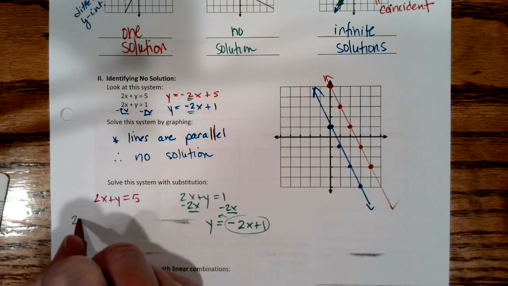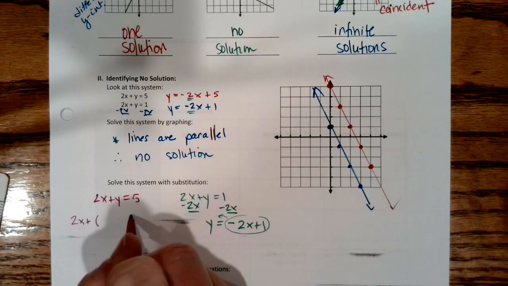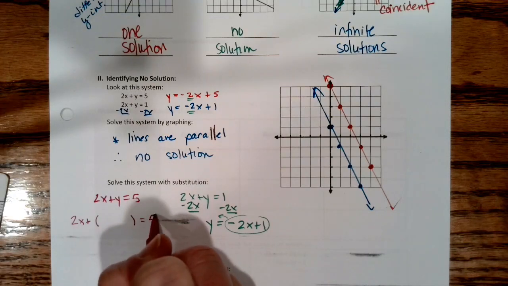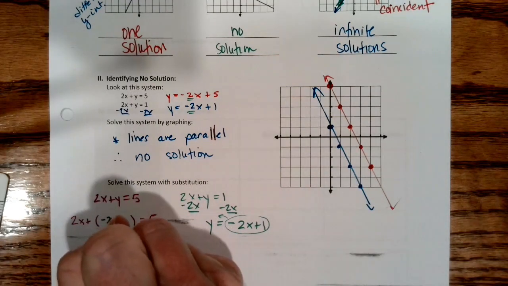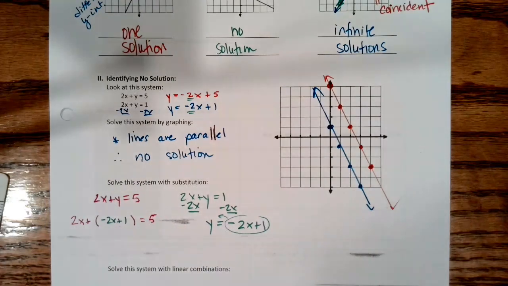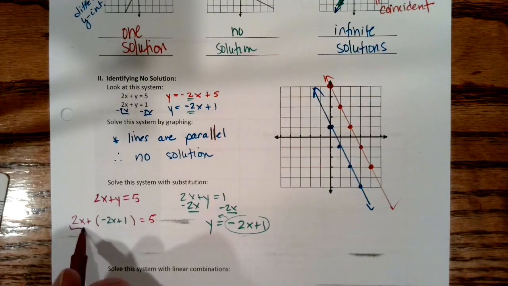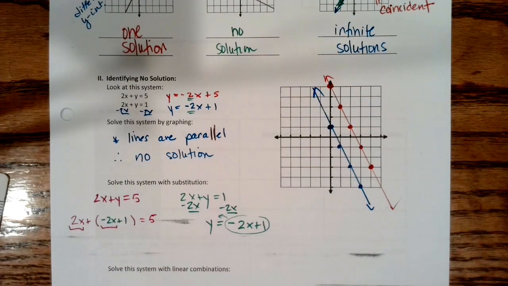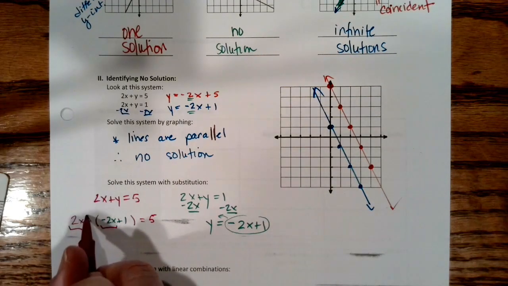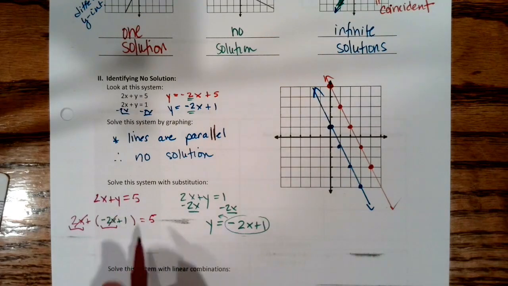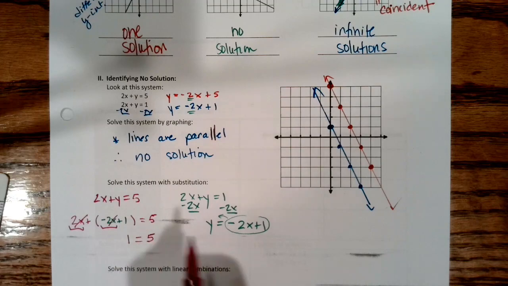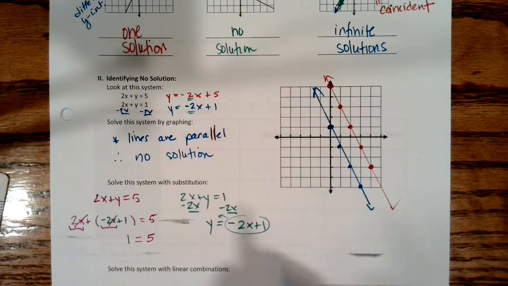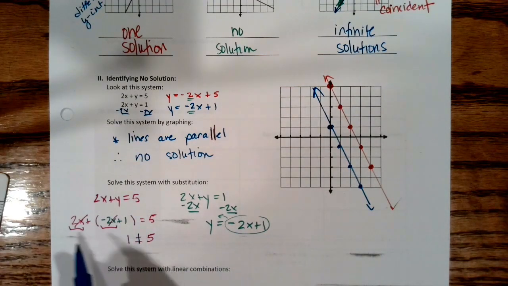So I have 2x plus my value for y is equal to 5, negative 2x plus 1. When I combine like terms, I put my x's together. 2x's plus negative 2x's, those are a 0 pair. So I get the solution of 1 is equal to 5, which we all know is not true.